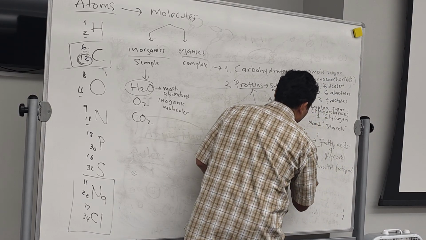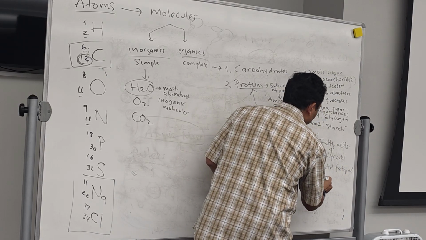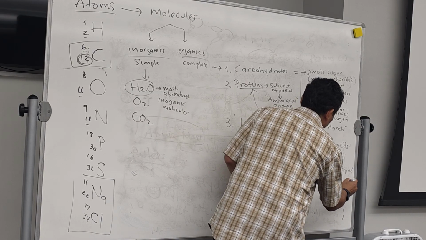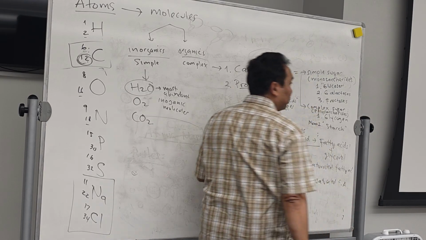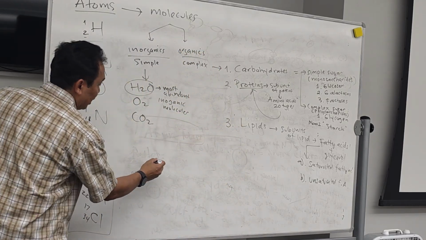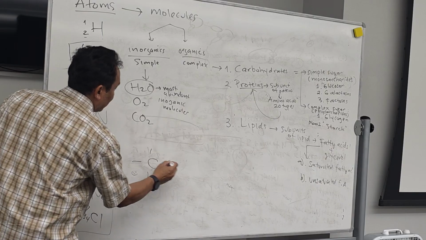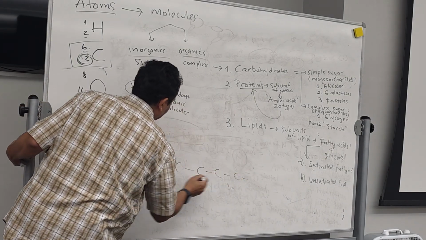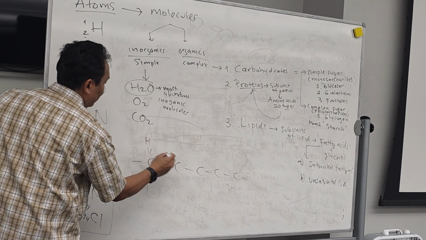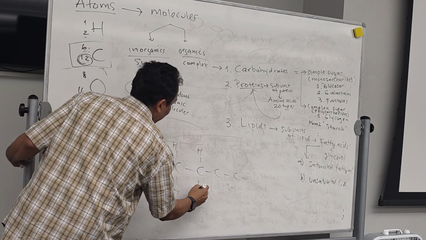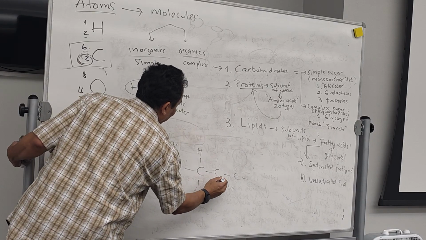Okay, the second one is called the unsaturated fatty acid. So a fatty acid molecule is actually just like this: carbon, carbon, carbon, carbon, carbon, carbon, and it has hydrogen, hydrogen, hydrogen, hydrogen, hydrogen, hydrogen, hydrogen.